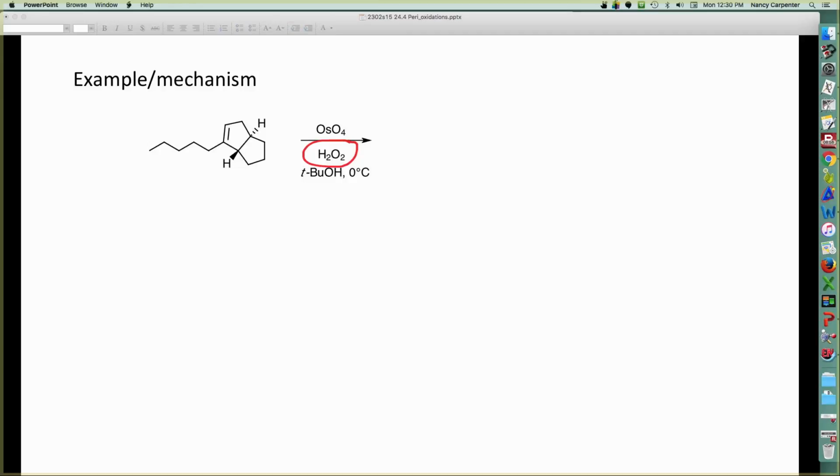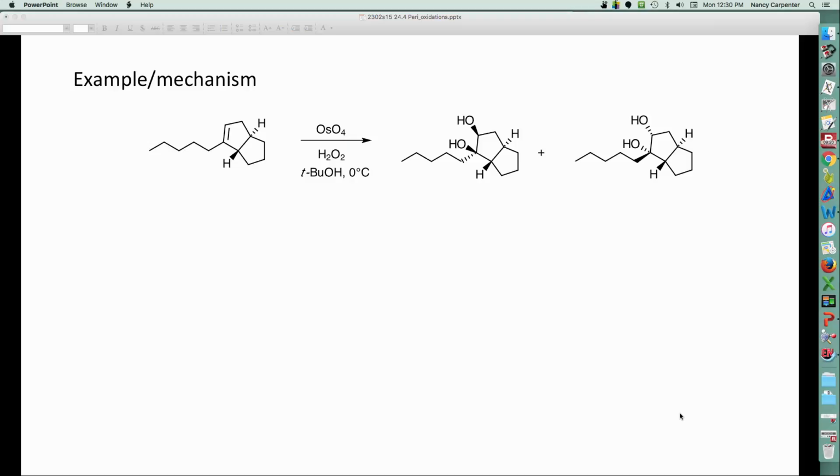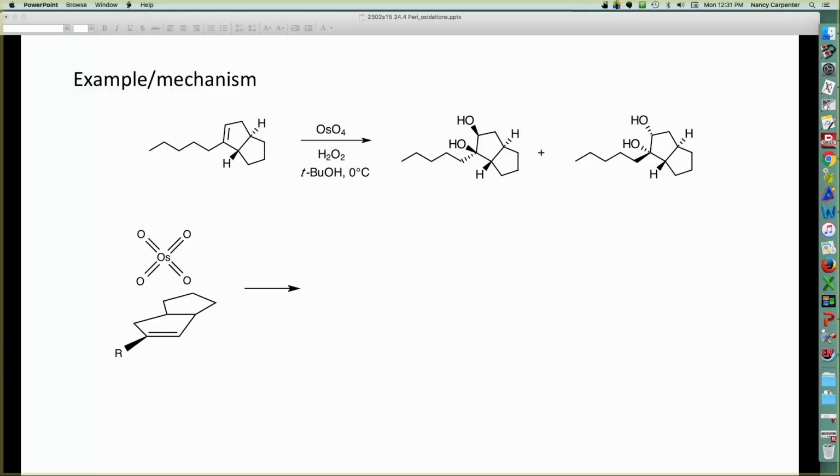All right, well, what's going to happen here? As my osmium tetroxide reacts with my alkene, I'm going to get syn diol. Now, it can approach from the top side of the alkene, and that would give me this guy.